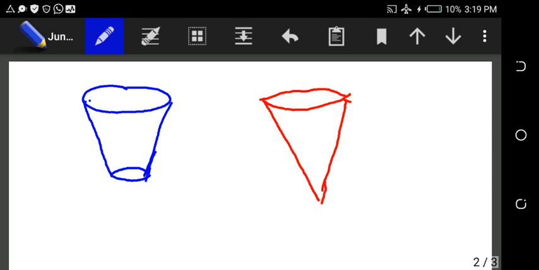But if anything should happen and cause a portion of it to be cut off, let me cut off this portion here.